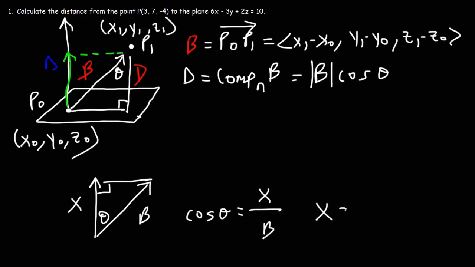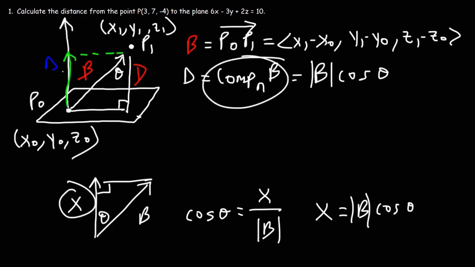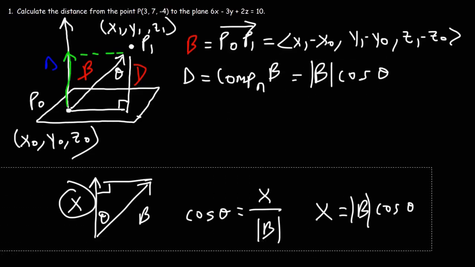So we can see that x is going to be b cosine theta. But we need to use the magnitude of b. So this part here is equal to what we see here, which is the length of the component of b that is parallel to n. So that's the scalar projection of b onto n. So this is how you can find it. But we don't have an angle, so that's not going to work out for us.